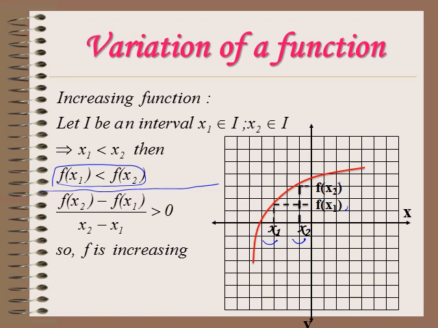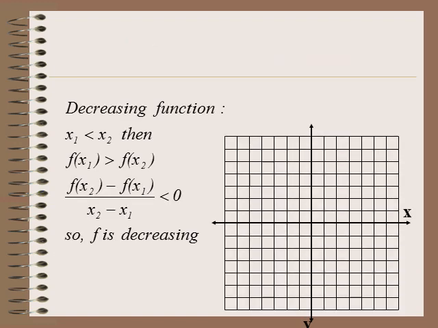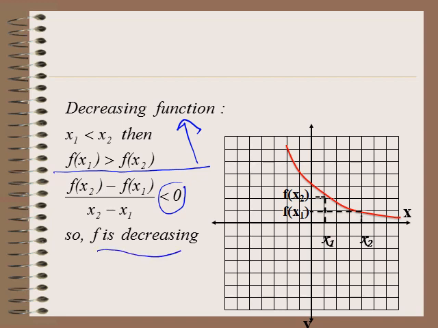Also, if f of x2 minus f of x1 over x2 minus x1 is greater than 0, then it is increasing. Decreasing function: if x1 is less than x2, then f of x1 is greater than f of x2. It is a decreasing function. And if f of x2 minus f of x1 over x2 minus x1 is negative, then f of x is decreasing.